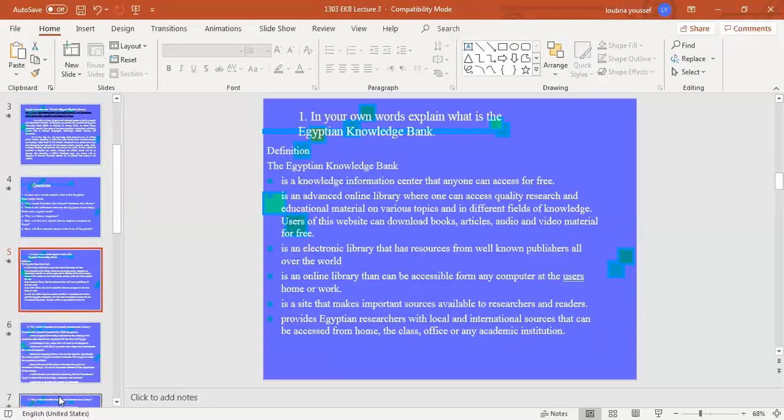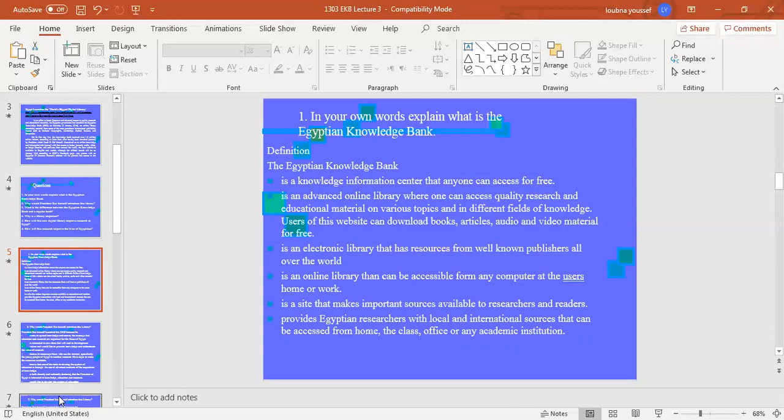Now let's move to the definition of the Egyptian Knowledge Bank. And this is the first question. In your own words, explain what is the Egyptian Knowledge Bank. Now, here we have 1, 2, 3, 4, 5, 6, 7 different explanations. Any of these explanations would be correct. The Egyptian Knowledge Bank is a knowledge information center that anyone can access for free.